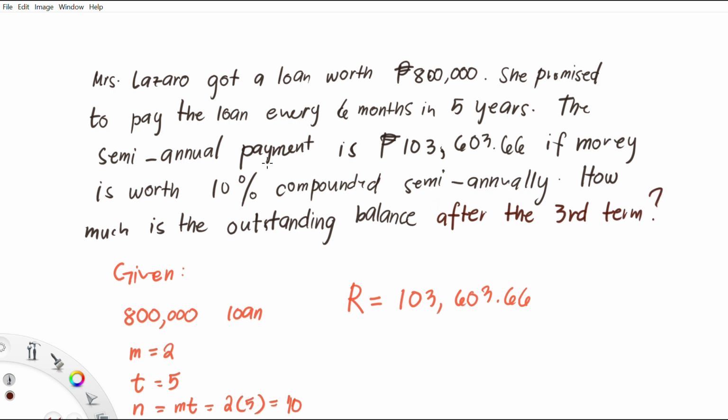So that's the full question. How much is the outstanding balance after the third term? So we write the third term as our k. Okay, we have k equals 3, which means how much is the outstanding balance after the third term, or the third year in 5 years of payment.